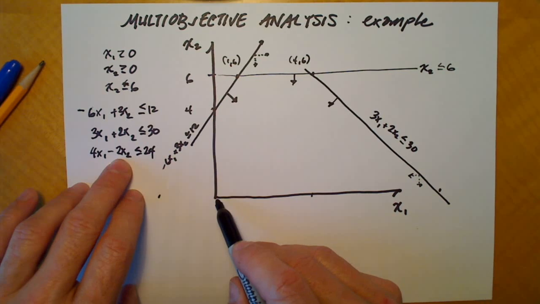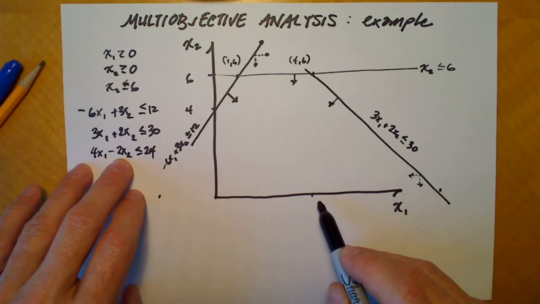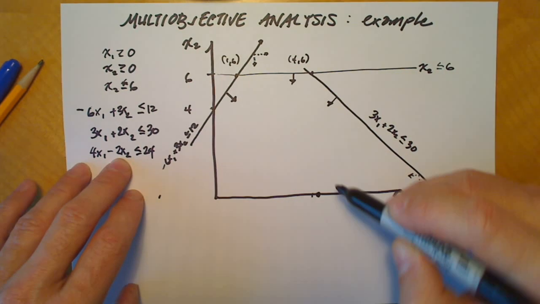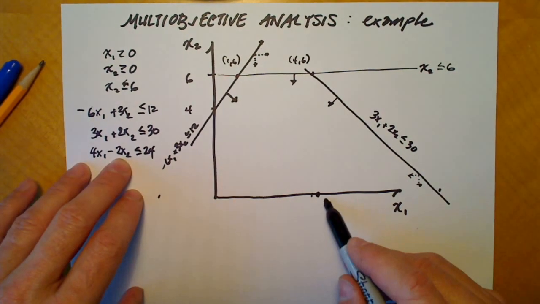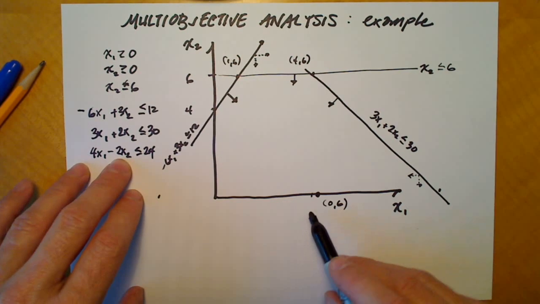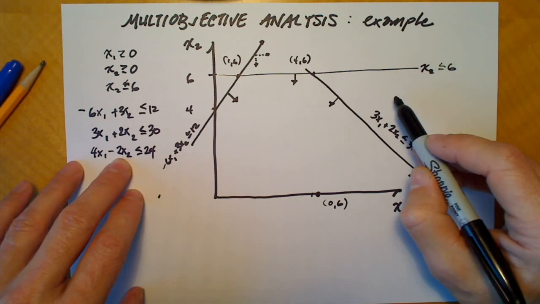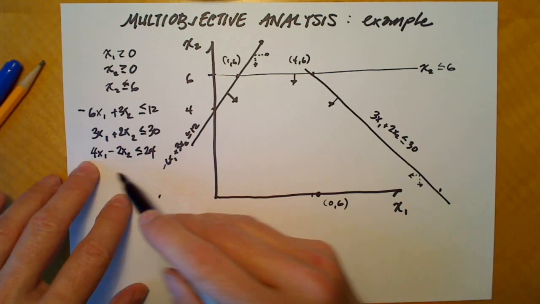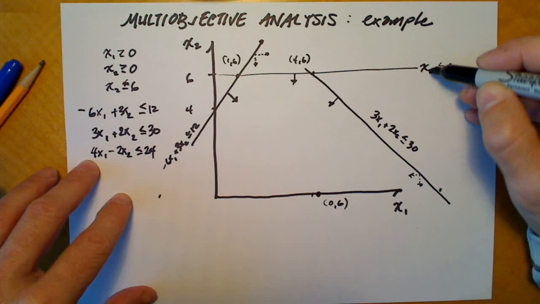When x2 is 0, x1 is 6. And let's get this intercept. When x2 is 6, x1 is 9.